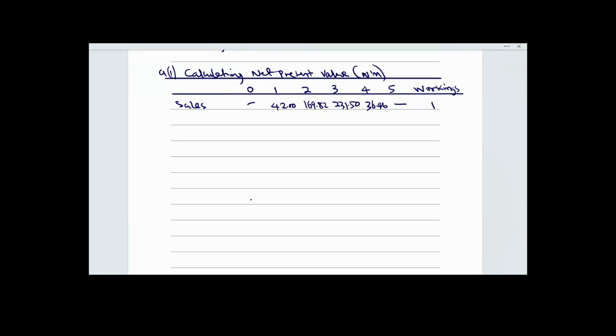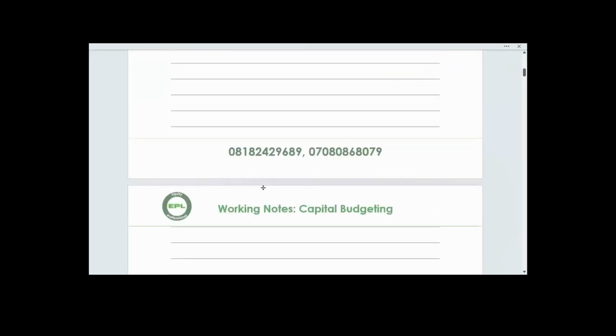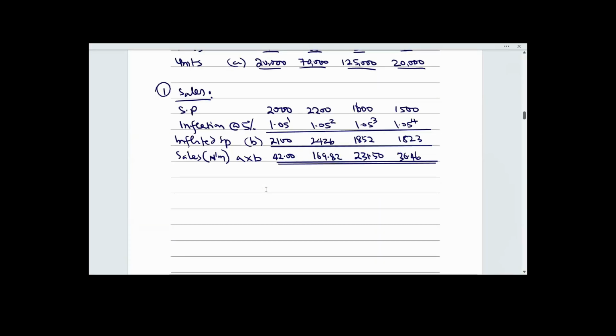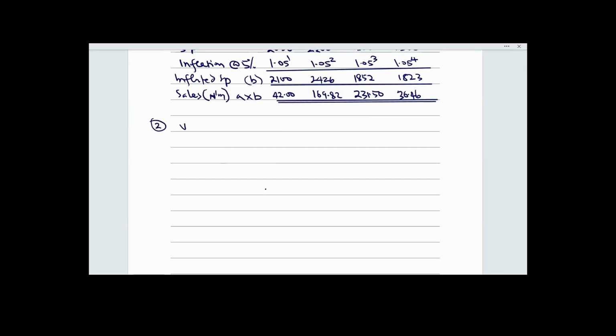I will then go ahead and determine variable cost. Let's determine variable cost the same way we did for sales. Working number 2. I want to determine variable cost.